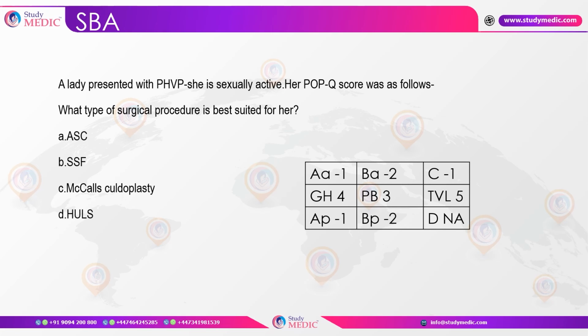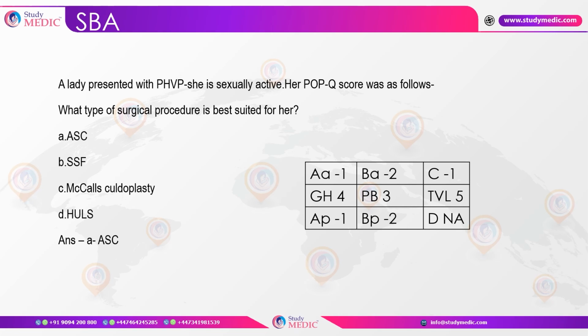Now, the woman is sexually active, so suspension of the vault to the sacrospinous ligament is not usually offered because this leads to dyspareunia, and also this is not advocated in women who have a short vagina. So here we are left only with one option, that is abdominal sacrocolpopexy. It could either be done abdominally or it could be done laparoscopically.